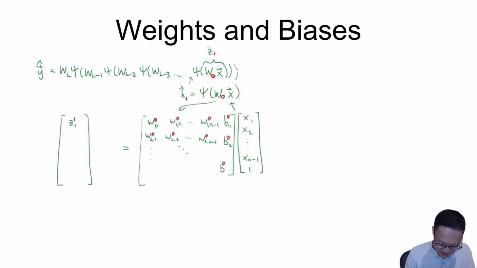So it's going to be Z1, Z2. Well, how many Zs are there? That depends on how many rows of W we have, and we get to choose that, because remember, H is just going to be a learnable feature, and we get to pick the dimensions of the features.